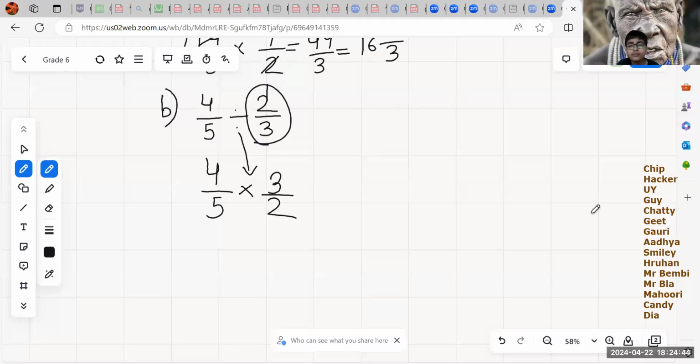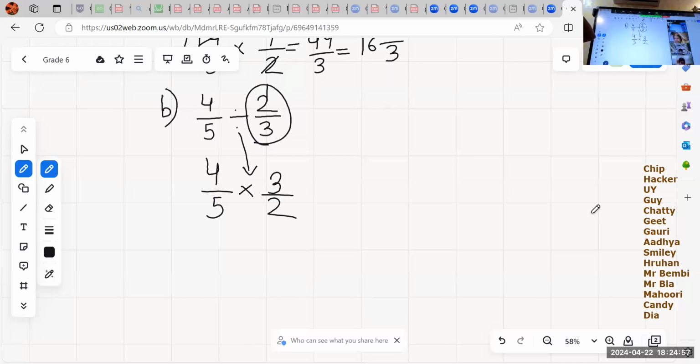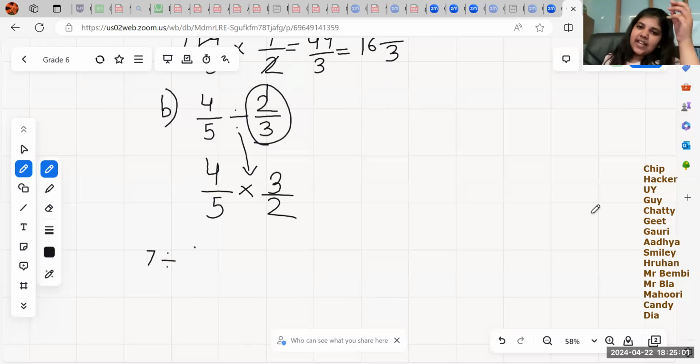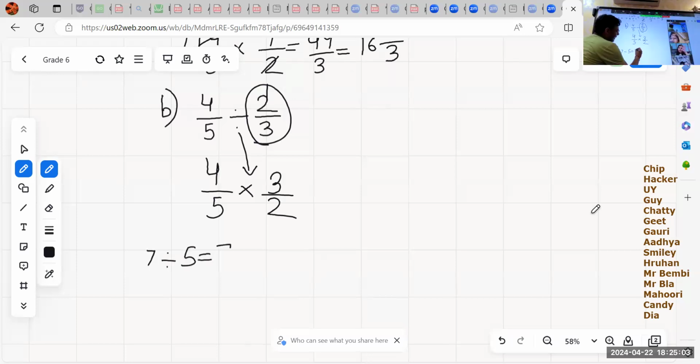Any doubts? Sir, why do we only do the reciprocal of the divisor? Instead of the divisor, we can also do it with the dividend. The answer will still be the same. No, beta, no. See, look here. 7 divided by 5 is 7 by 5, yes or no?